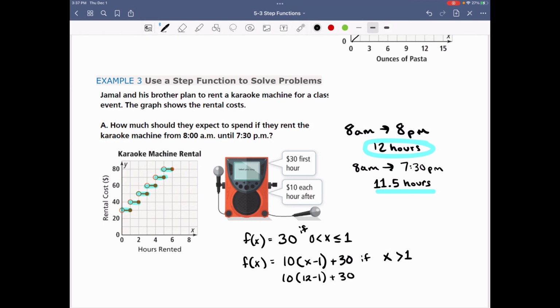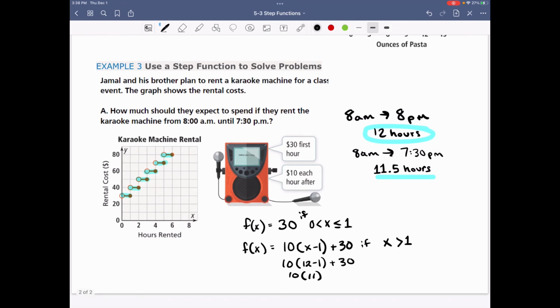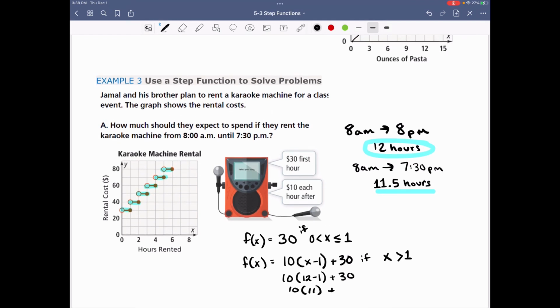Because the first hour was 30, so $10 times the 11 hours plus 30, and that is going to equal $140. That's how much you can expect to pay to rent the karaoke machine for 11 and a half hours. $140. Might as well buy one at that point, right? Kind of expensive. Would you pay that much if you were going to rent it for a class event?